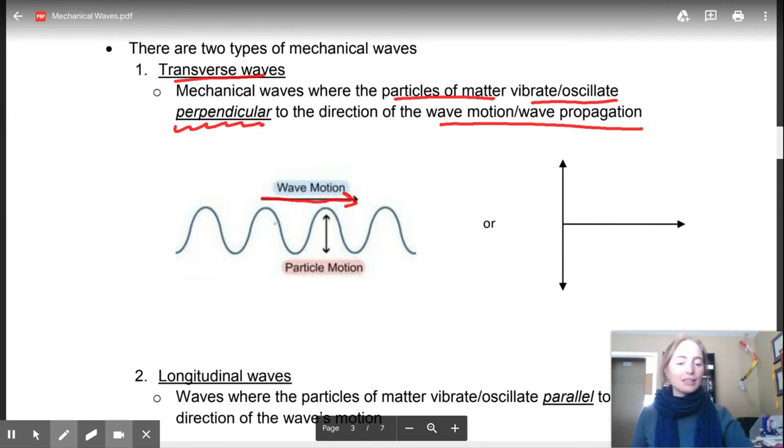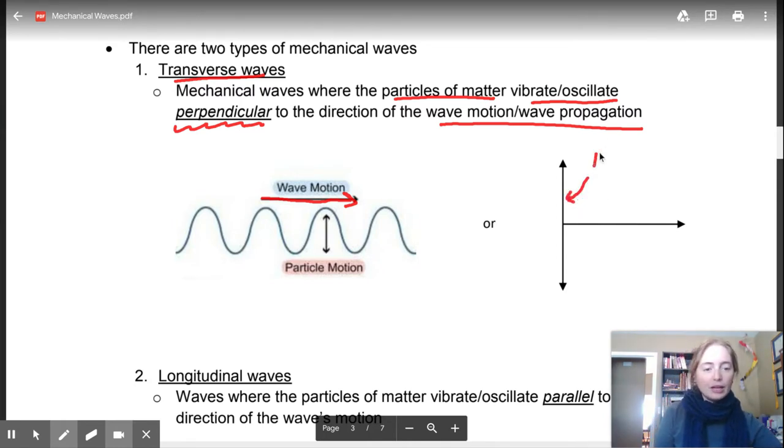So this is a nice little diagram here. So where you can see this here is where the particles or the water would be moving. And this is the wave or the energy, so the direction that the energy is going. And they're perpendicular. They've got a 90-degree angle to each other.